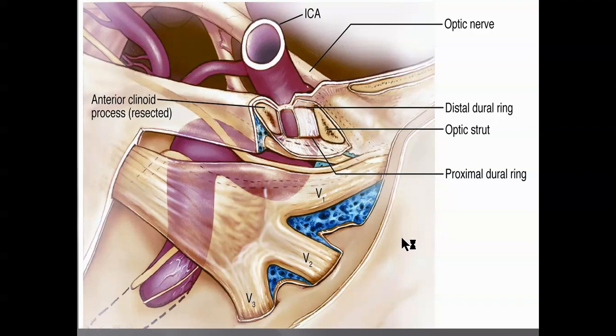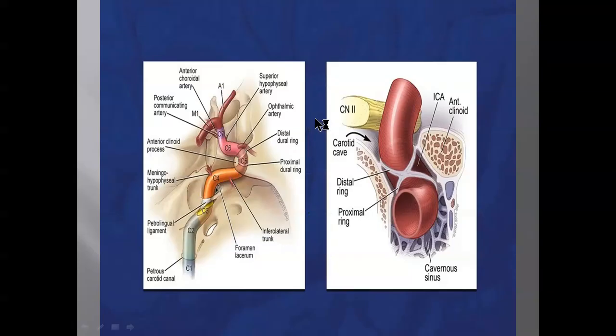Now again, we can see in this image the proximal dural ring, and we have the dissection of the distal dural ring. Now here in this image, we can see, as I already mentioned, the proximal dural ring and the distal dural ring incruciate at the posterior aspect.